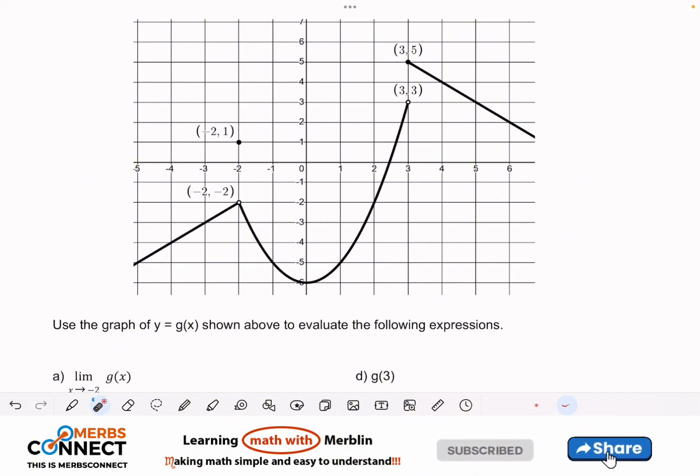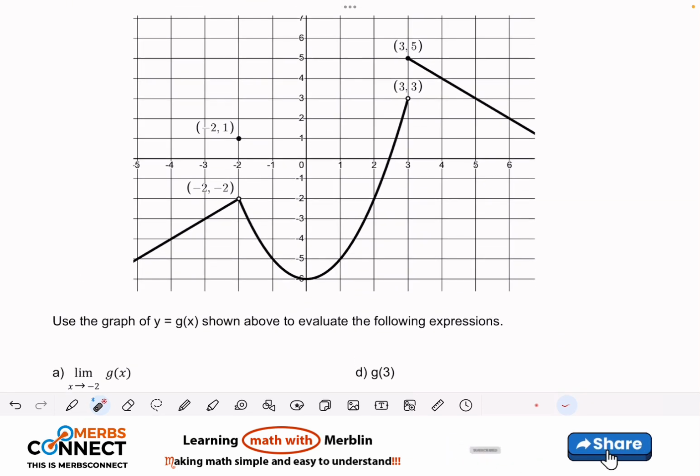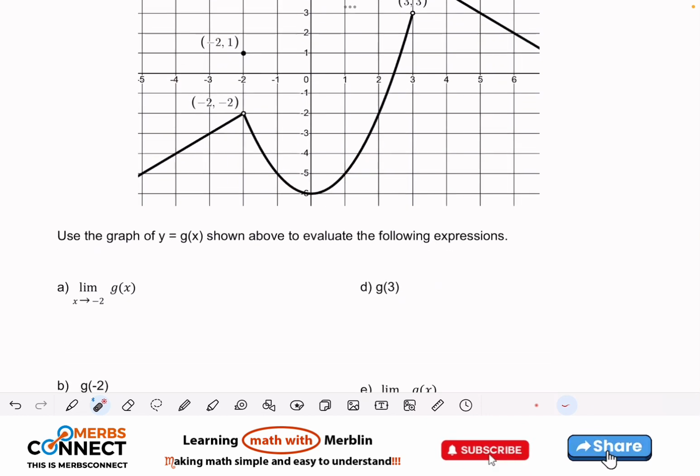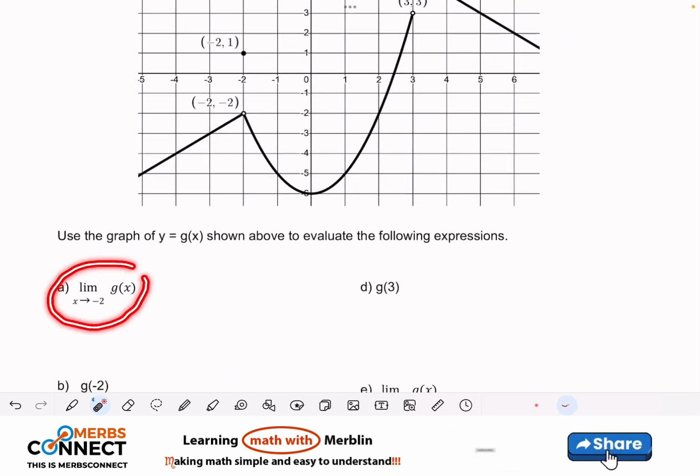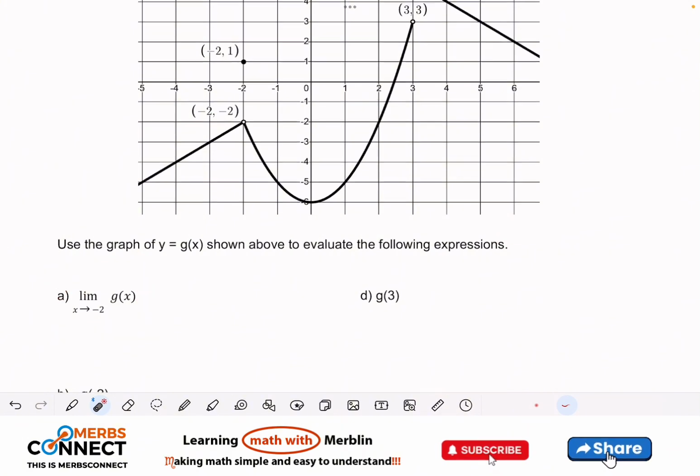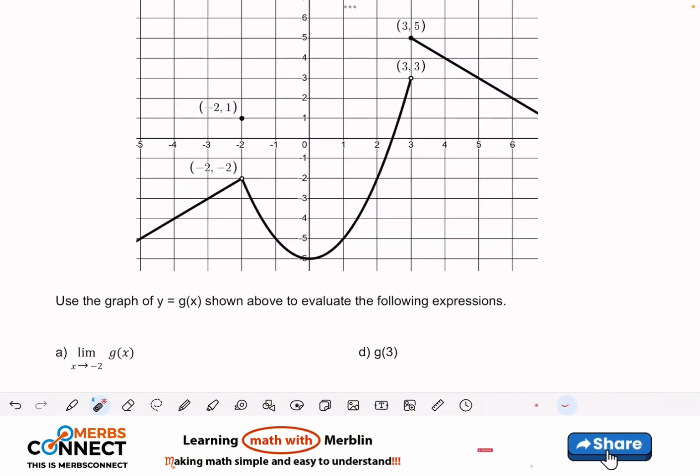Let's look at this one too. I'll leave this one for you to go through the process, and let's see if we are going to get everything right. We have this graph here. We want to find the limit as x is approaching -2. In the comment section, you do A, then you put the final answer that you get for this one.